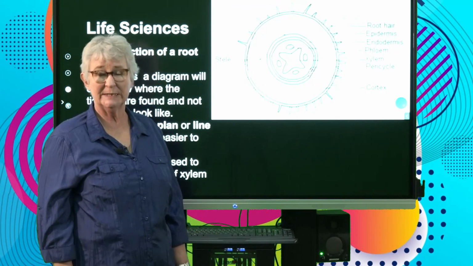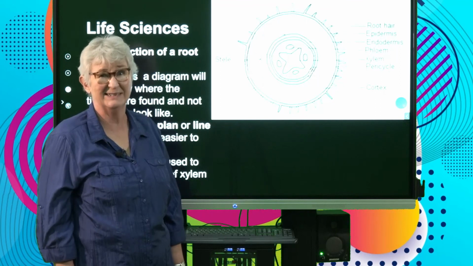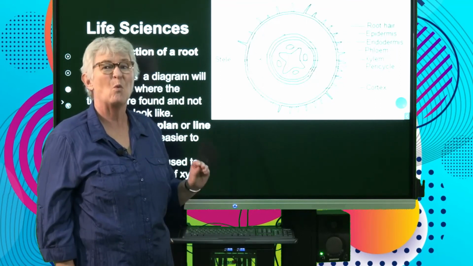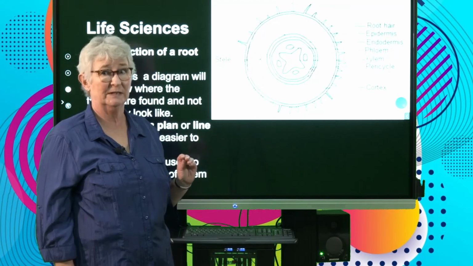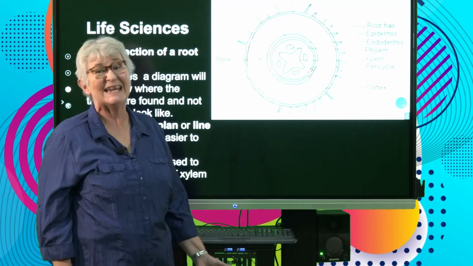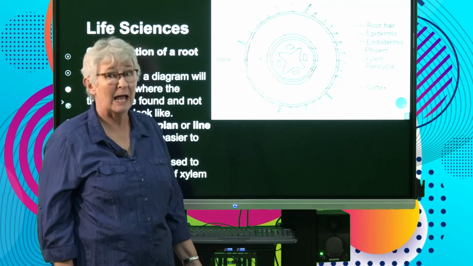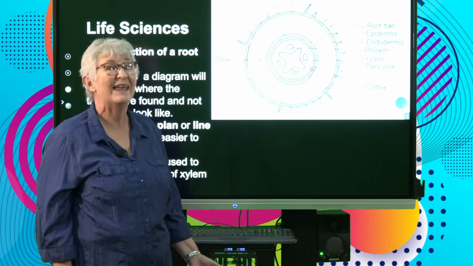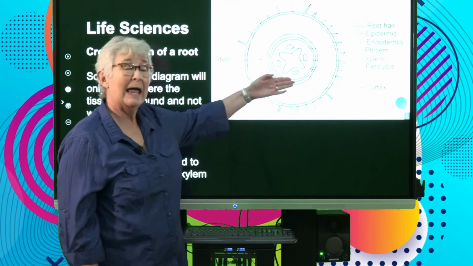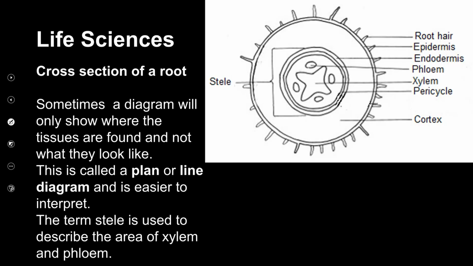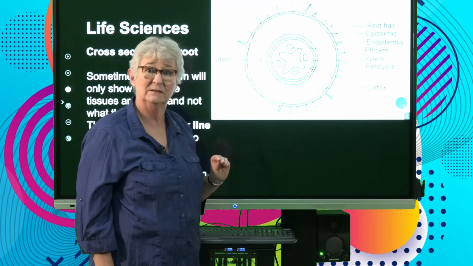This is much easier to interpret because all it does is show you where the different types of cells are found. It doesn't show you exactly what they look like, it shows you where they occur.